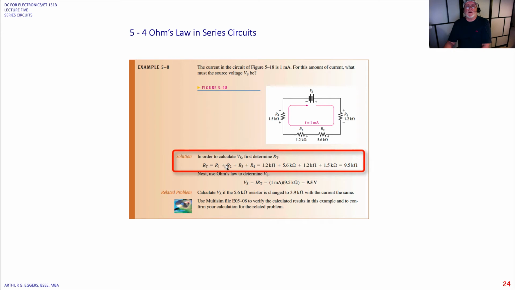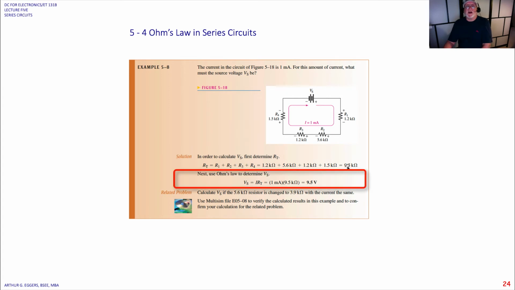So R1, R2, R3, and R4 are summed together, and we end up with 9.5 k ohms of resistance. Now we can take that value for R sub T, multiply it times the total current given to us, 1 milliamp, and we have a source of 9.5 volts. So that's the voltage applied to the circuit.